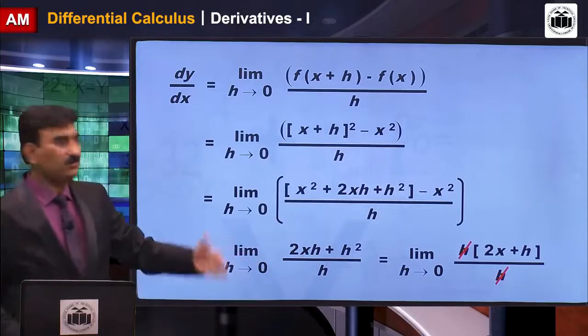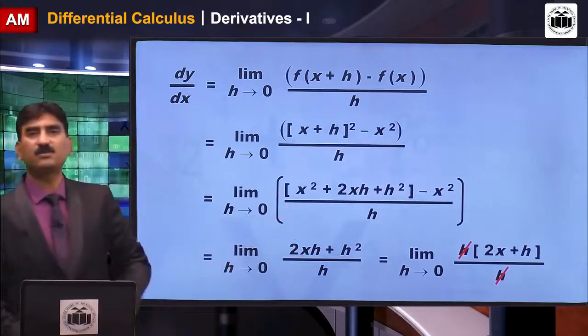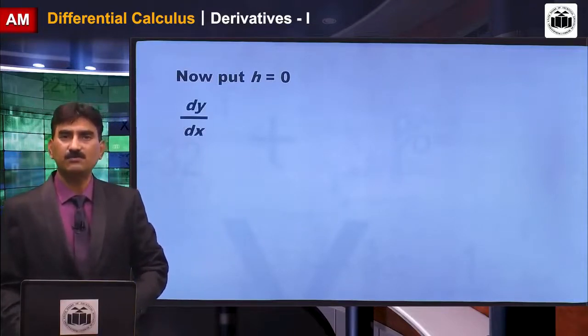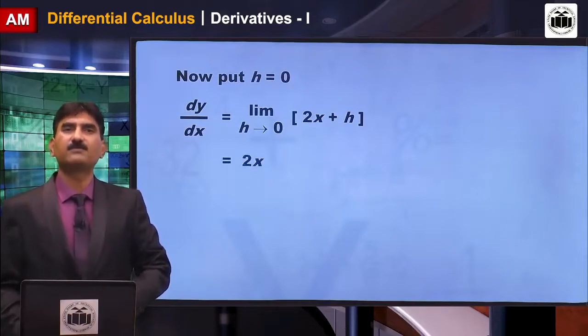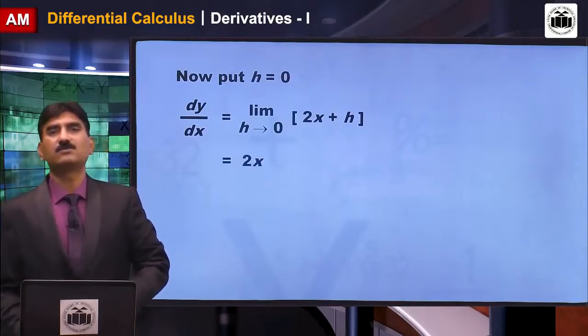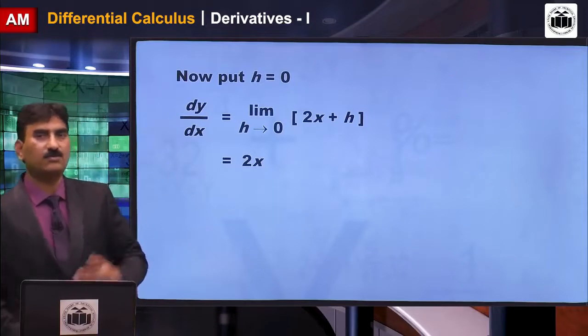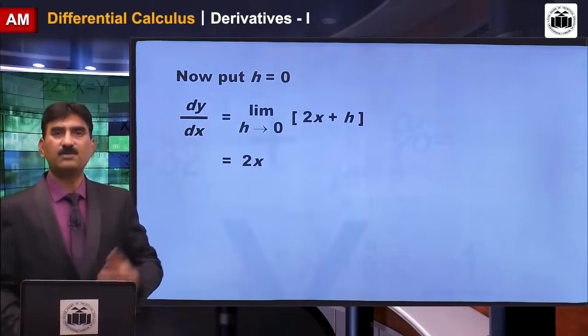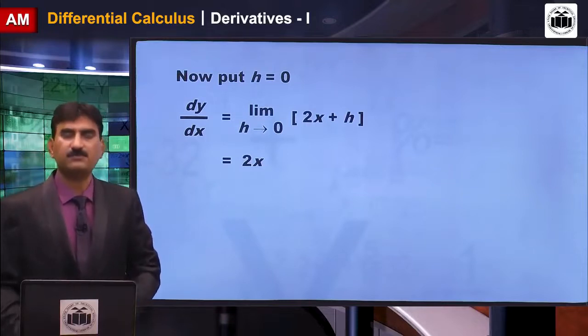So first you take h common, after that you cancel out the terms. Now we substitute h equal to 0 in the above expression. So we get the derivative of x square is 2x. Now you got the idea how you find the derivative of x square by using the first principle of derivative.